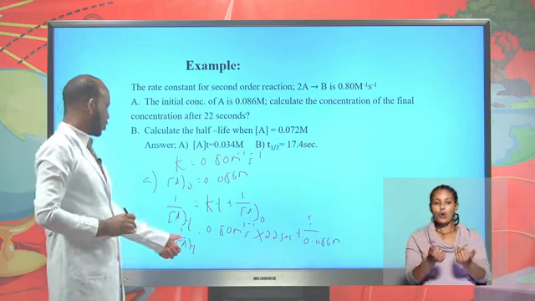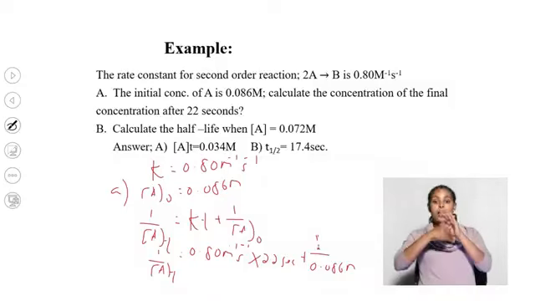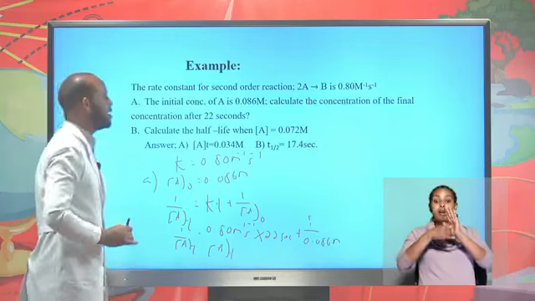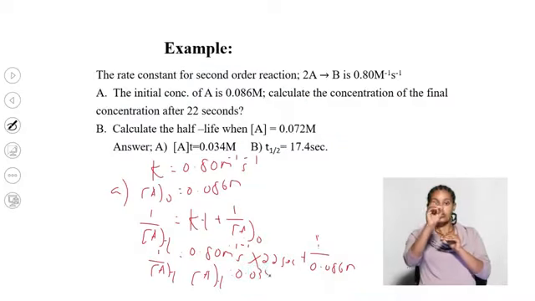Now the concentration of A after 22 seconds equals 0.034 molar.